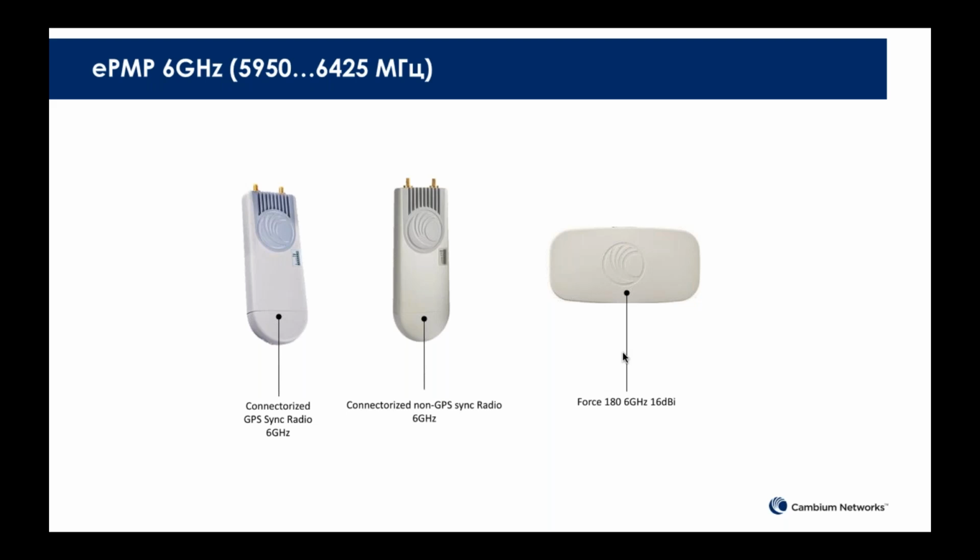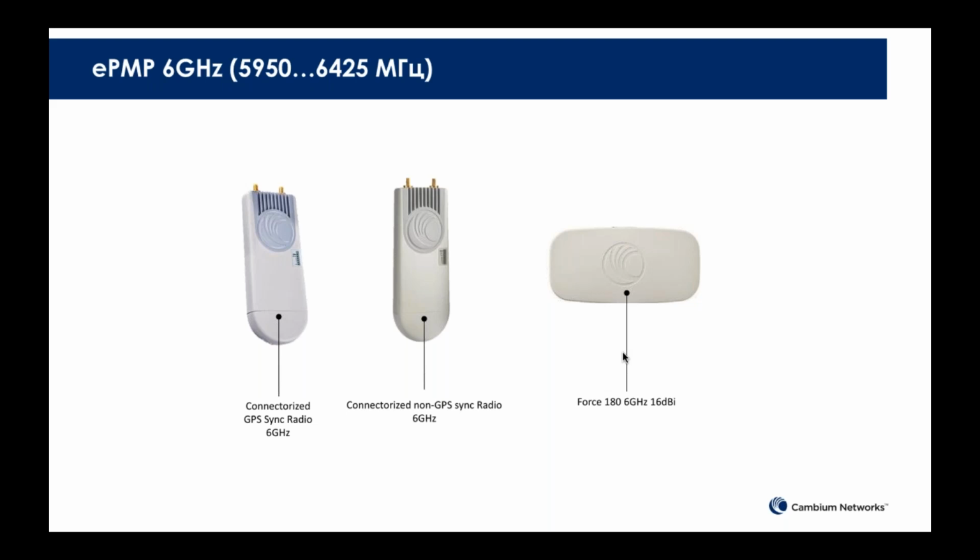So we introduced our most popular models in the 6 GHz: the connectorized unit with a GPS sync, the connectorized unit without GPS, and the Force 180 6 GHz model with an integrated antenna. All three units are redesigned, so they support only frequencies from 5950 to 6425, and you can't use them in the traditional 5 gig spectrum.